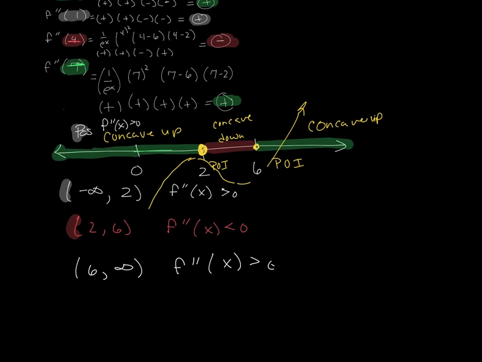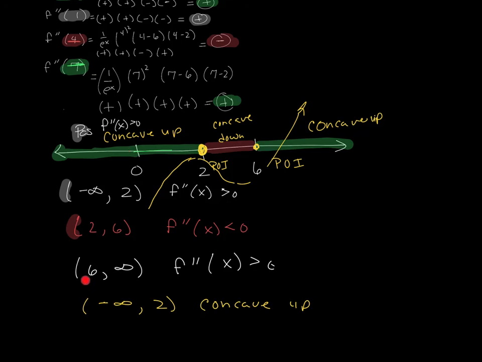So I'm just going to go ahead and write that out just so you can see what that would look like. What that means is that from negative infinity to 2, I know this is concave up, and I can do that because even though I had 2 different intervals, it tells me that 0 is not going to be a point of inflection. I'm combining them, and that doesn't surprise me because 0, when I did the first derivative test, was a minimum.